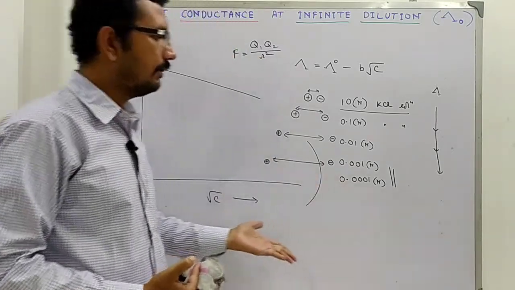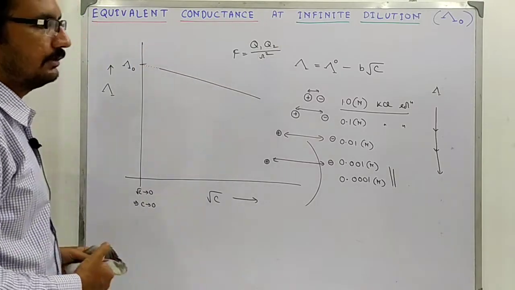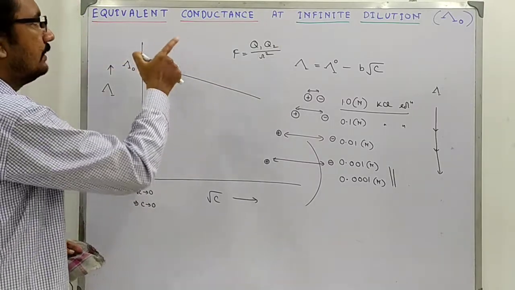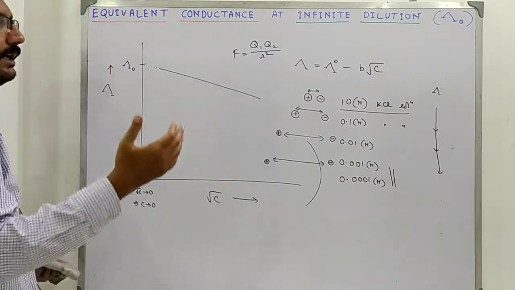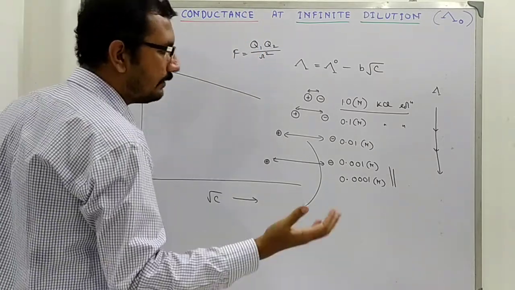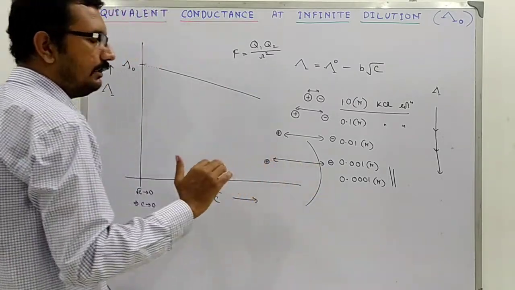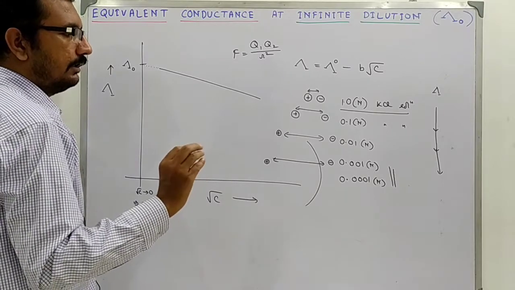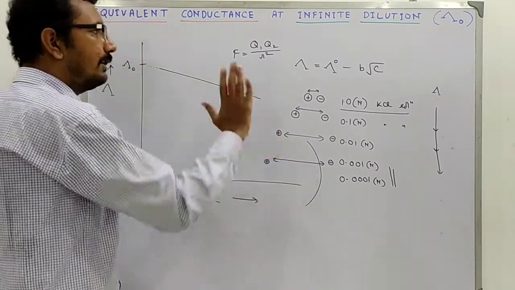So, this is called the equivalent conductance at infinite dilution. This is the maximum value. Infinite dilution in what sense? In the sense that these plus minus ions are not attracting each other. The dilution that will generate this criteria will be called infinite dilution.